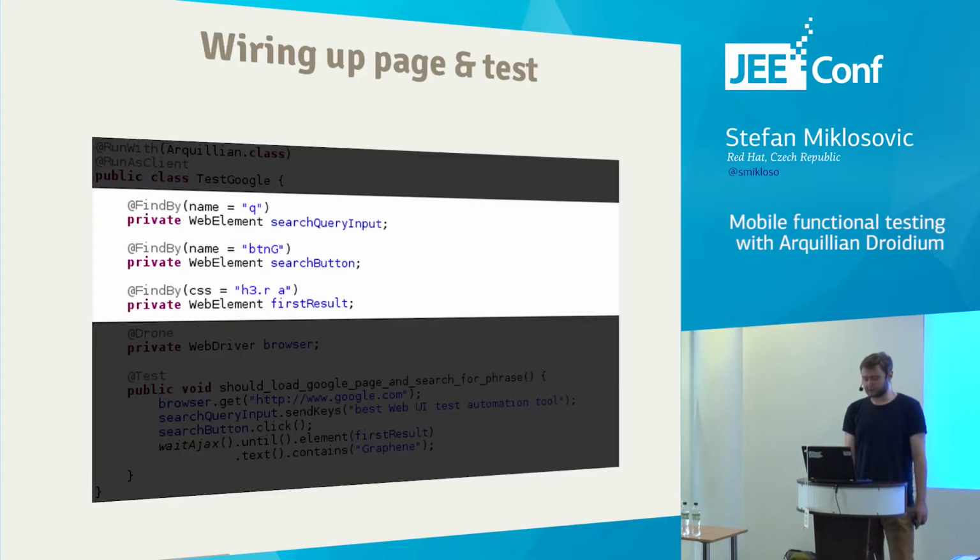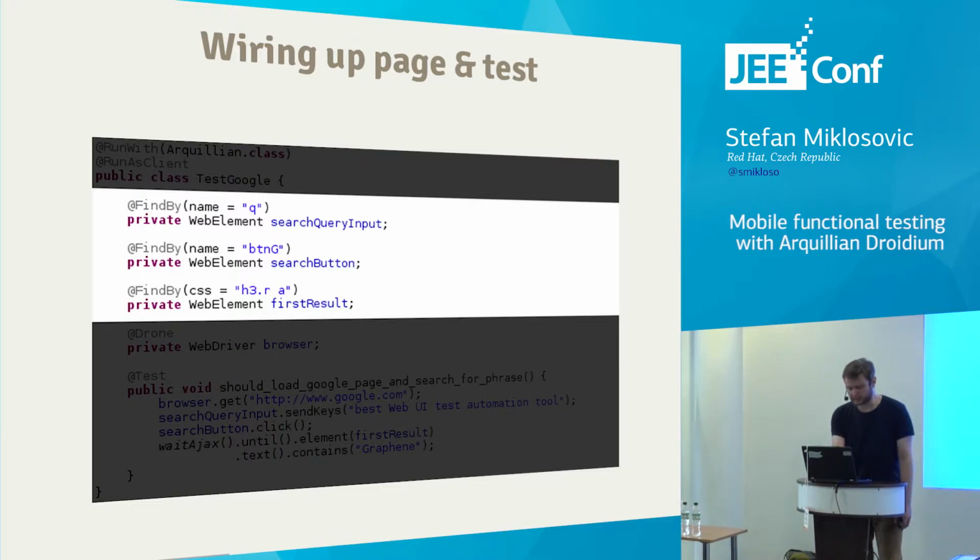Here you see that you specified so-called element locators. So right now Graphene automatically resolves these FindBy annotations, and you end up with a WebElement from WebDriver which encapsulates the underlying structure of your web application.